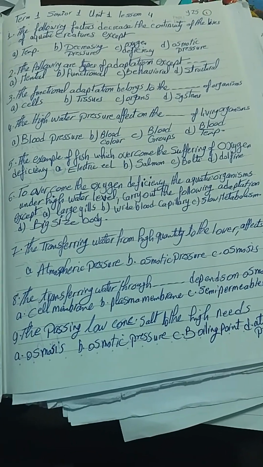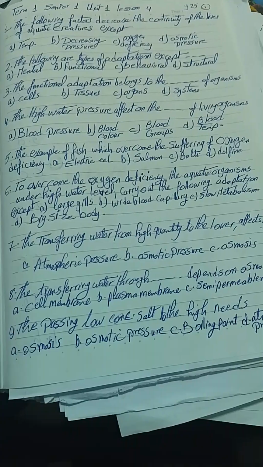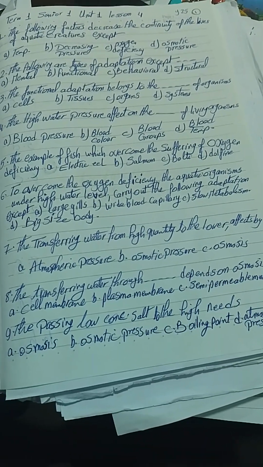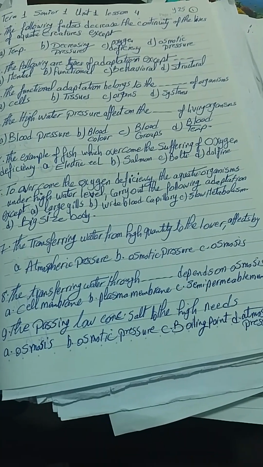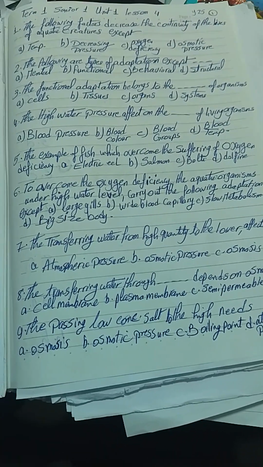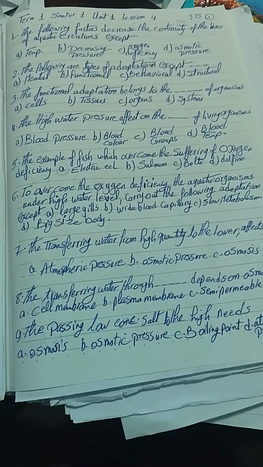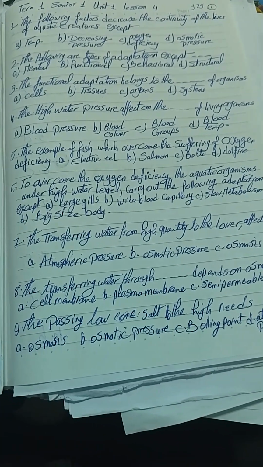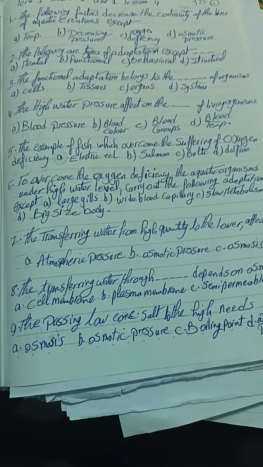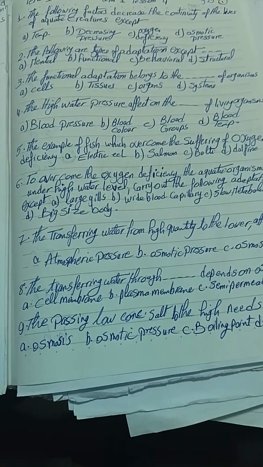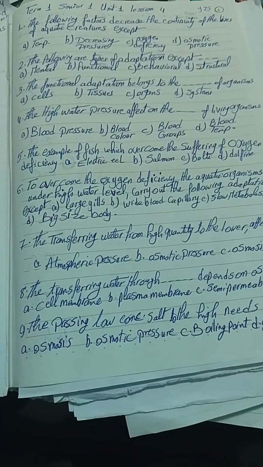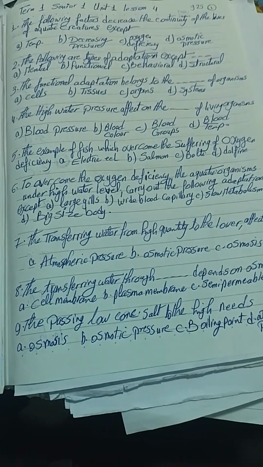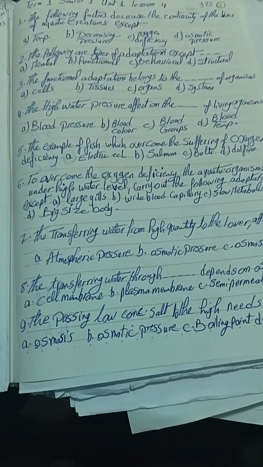Number 6. To overcome oxygen deficiency, aquatic organisms under a high water level carry out the following adaptations, except: when the amount of water decreases, or the amount of oxygen decreases, we observe large gills to absorb dissolved oxygen in water, wide blood capillaries for pumping blood that carries oxygen, and slow metabolism to balance anabolism and catabolism.